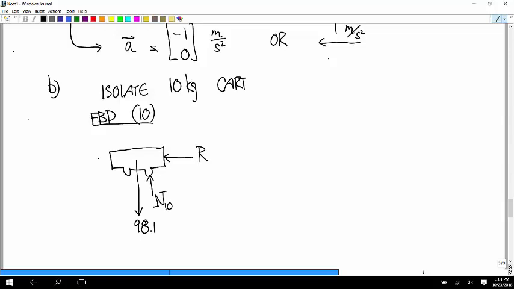Anybody have any questions about that? We know the acceleration, right? Yep. That's right. Okay, so now we'll go to Newton's second law. The weight force is in the negative y direction, so 0, negative 98.1.